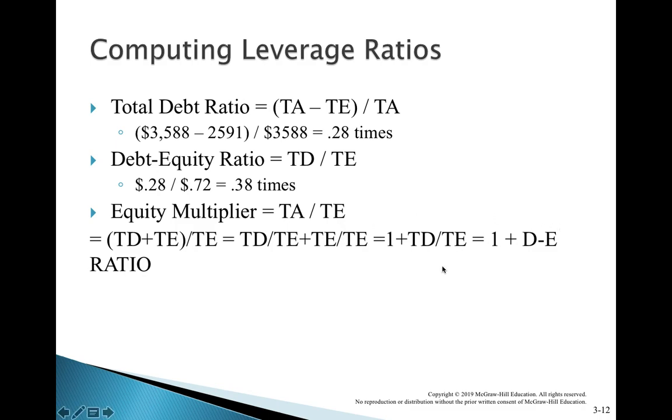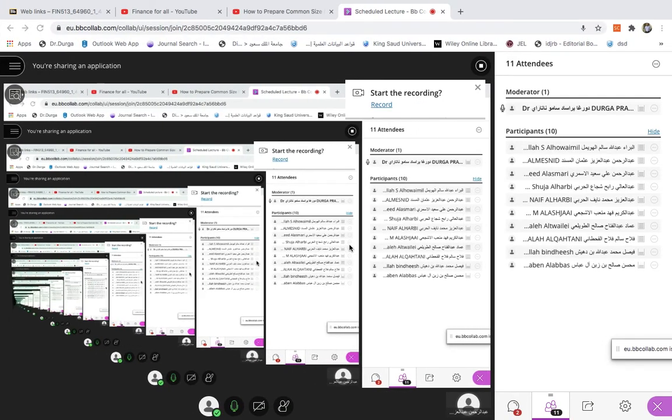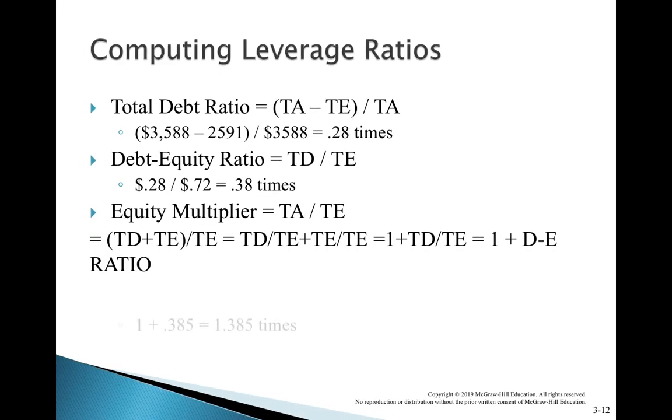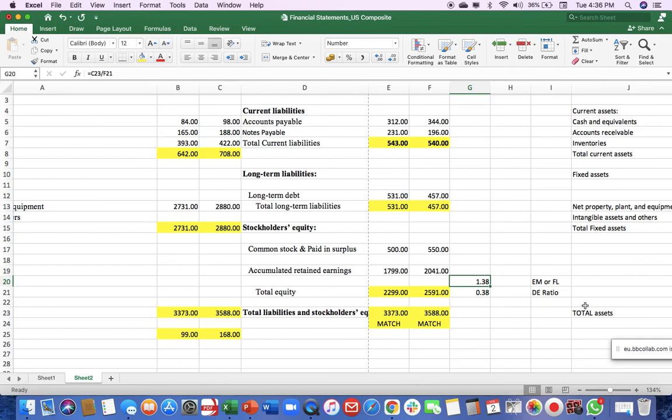So another way of calculating the equity multiplier is 1 plus debt equity ratio. 1 plus 0.38 is equal to 1.38 equity multiplier. Or else you can calculate directly by total asset divided by total equity, that comes to 1.38 times.